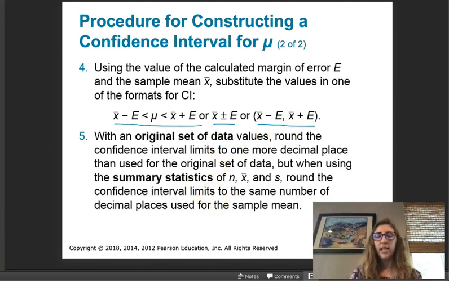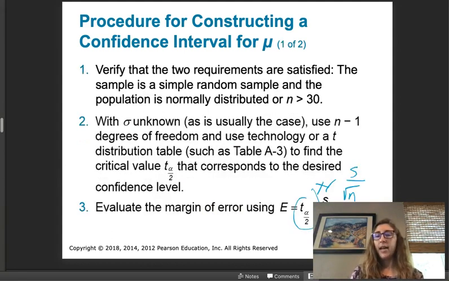I will always tell you what to round to. All right, so this would be our process by hand. And I just want to be clear, we are using our critical t value when we don't know our population standard deviation. If for some odd reason we did know our population standard deviation, we'd be finding a z critical value instead, and I'll do one example with that later on. It really doesn't come up so frequently though.